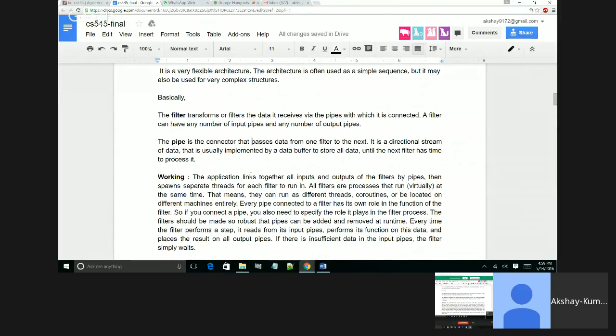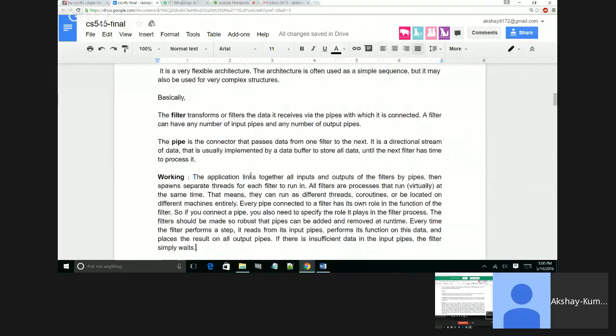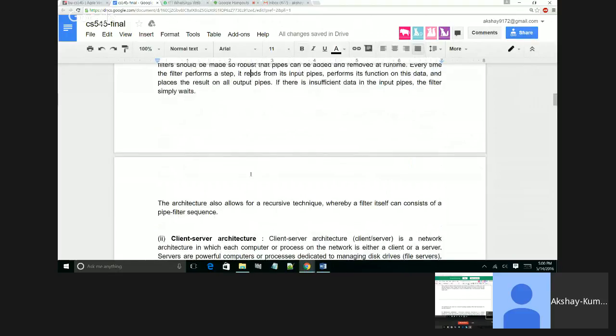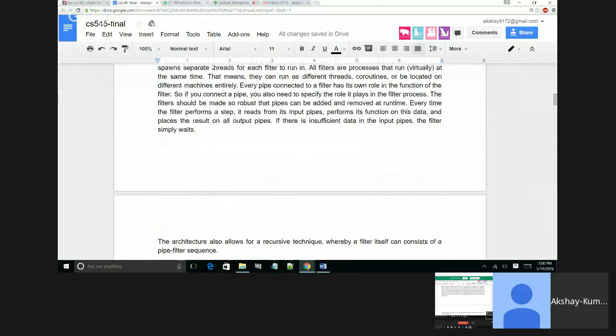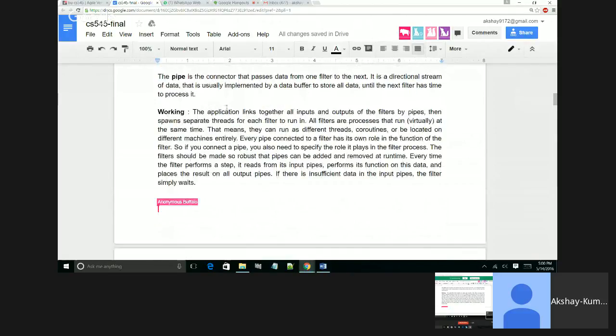Firstly, I have defined what pipes and filters are, and then I've defined its working. The working is the illustration. For the illustration part, I have defined this working. So any comments on this?